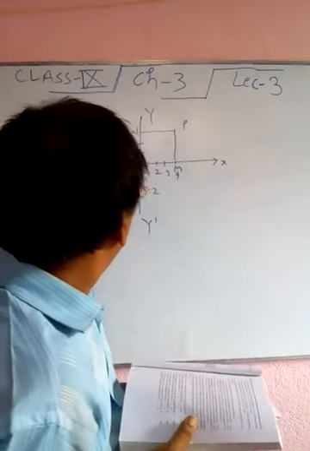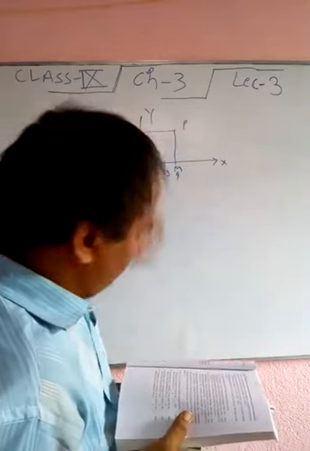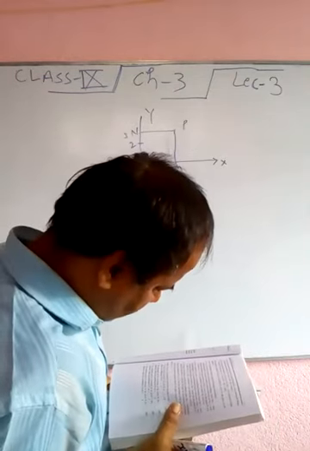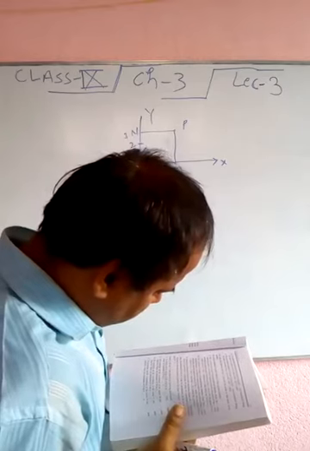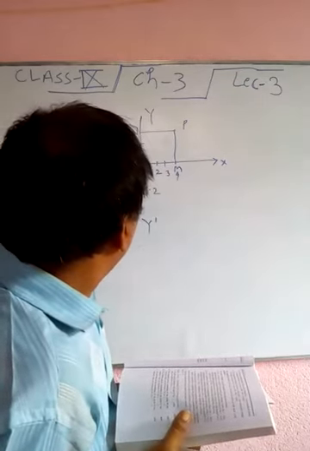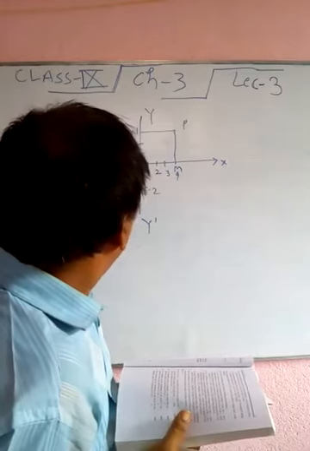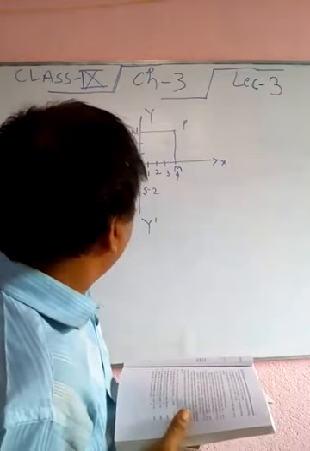For this point, 1, 2, 3, the y coordinate is +3. And for Q, it is -2. Here 1 and 2. So for Q, the y coordinate is -2.